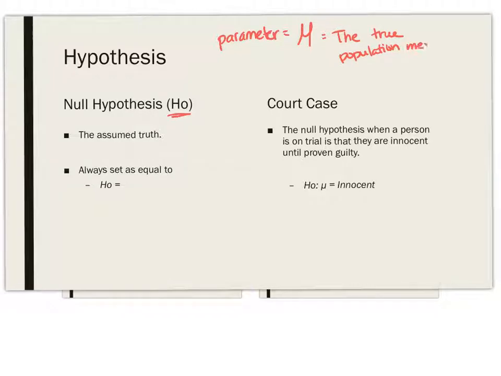So every problem we're going to do is going to involve the population mean. So we're going to say H0: mu equals something. And in terms of a court case, that means that mu is equal to innocent. That's the assumed truth.